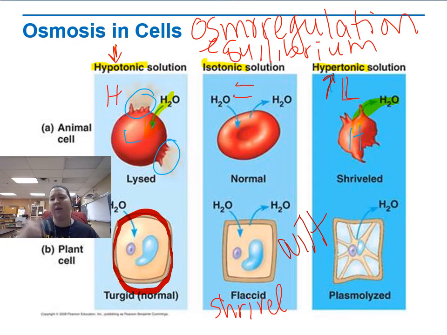So you just add water to them, and they pop back up. So remember, osmosis is just the diffusion of water from an area of high concentration to low concentration, but it's really super important for cells.